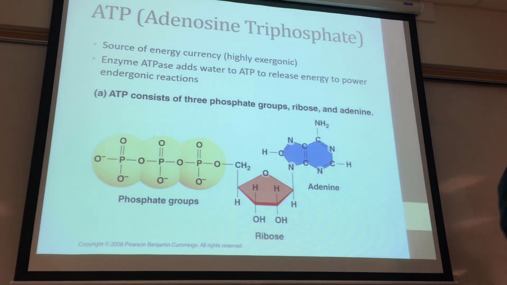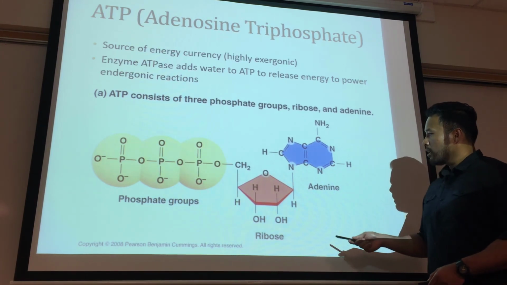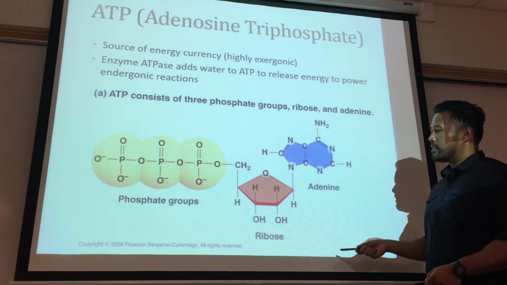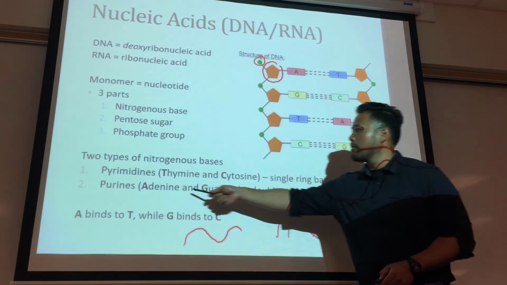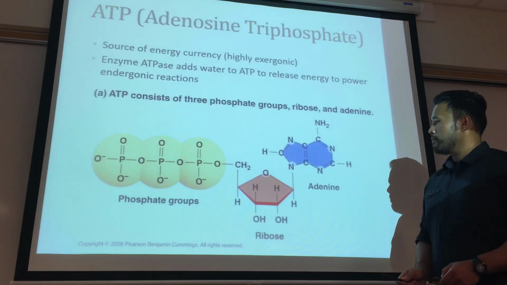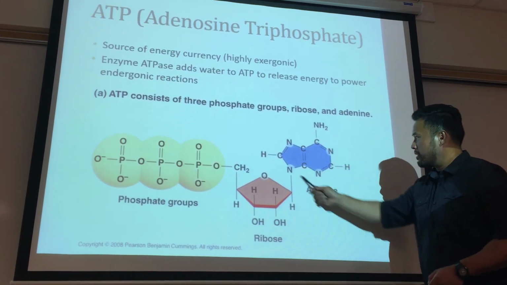Now, take one specific nucleic acid, one of these DNA or RNA structures. We're going to take one nucleic acid where this was specifically an adenine nitrogenous base. Here it is, this is our adenine.